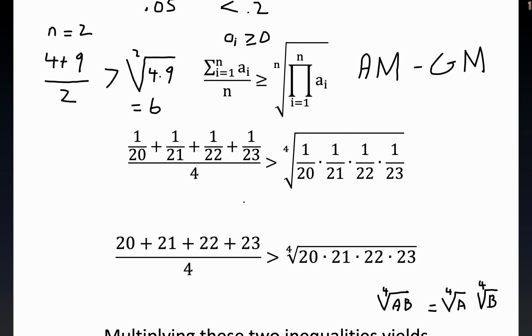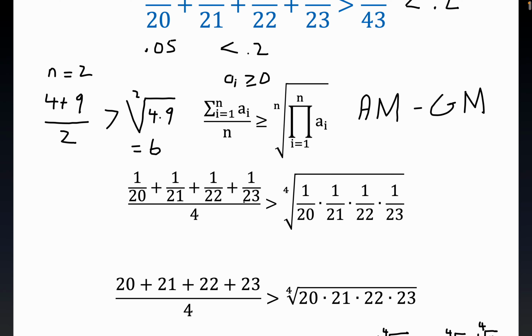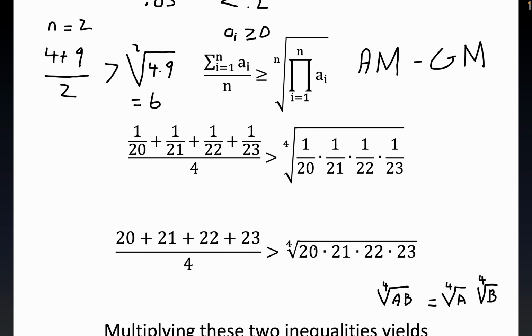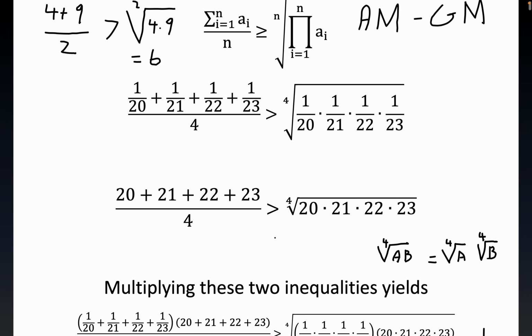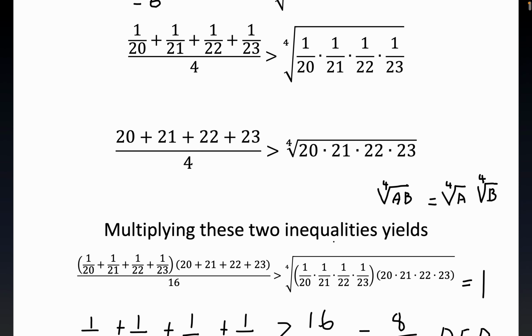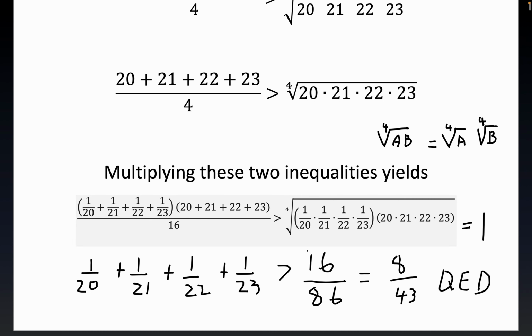And it's because of this double application of the AM-GM inequality. We applied AM-GM once, twice. Okay. Inequalities behave much like equalities. You can multiply the left-hand sides together. You can multiply the right-hand sides together. That's this statement right here. And the rest of it is just plain old arithmetic. Okay, folks? So we proved what we set out to prove. Hope you enjoyed.